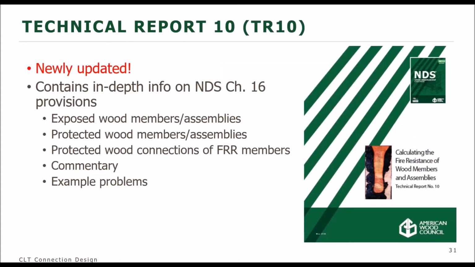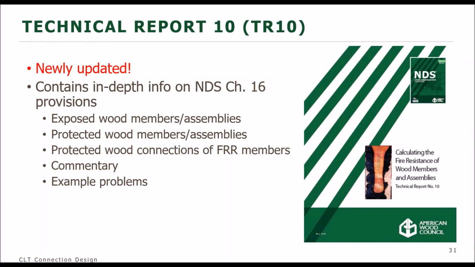So I promised some discussion on Technical Report 10. It was recently updated. I believe the update was posted in maybe late May or early June, so it's freshly updated, and it contains a lot of in-depth information on the NDS Chapter 16 provisions. It helps designers understand where these provisions are coming from and why they are the way they are.